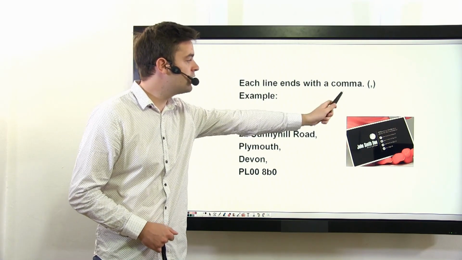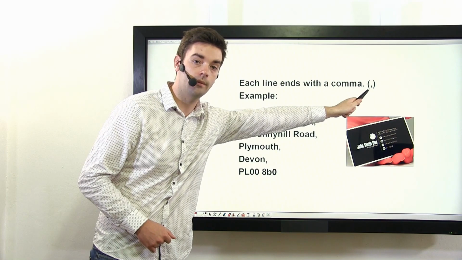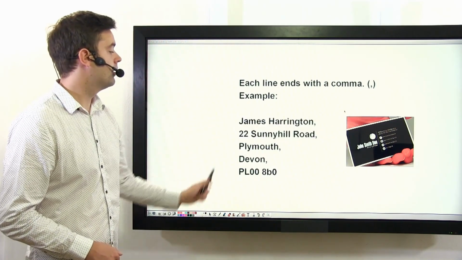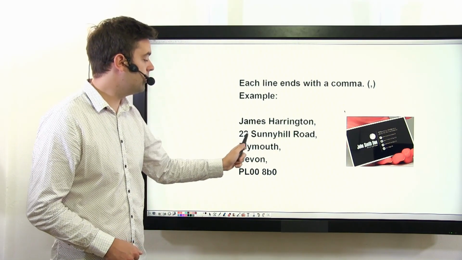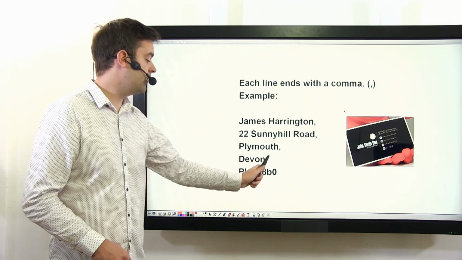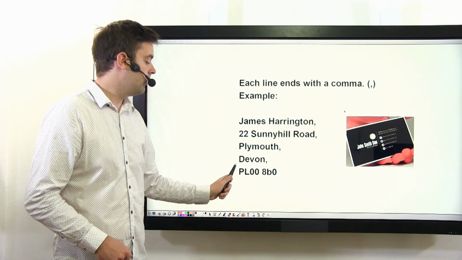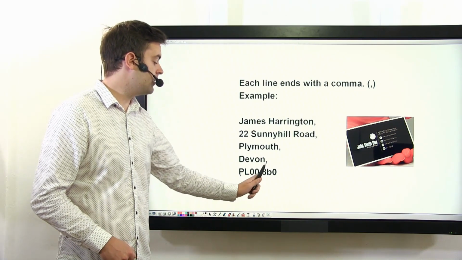Each line ends with a comma. So you've got James Harrington, comma, 22 Sunny Hill Road, comma, Plymouth, comma, Devon, comma, PL0 8B0.